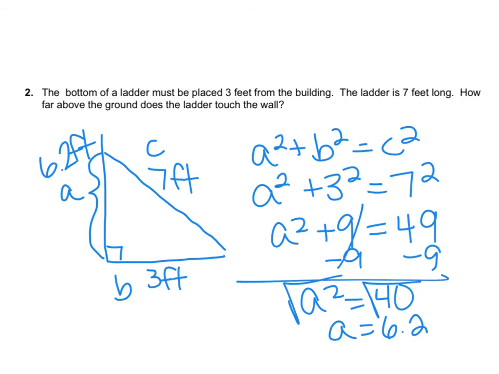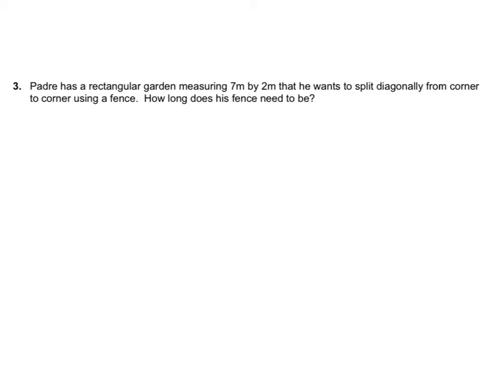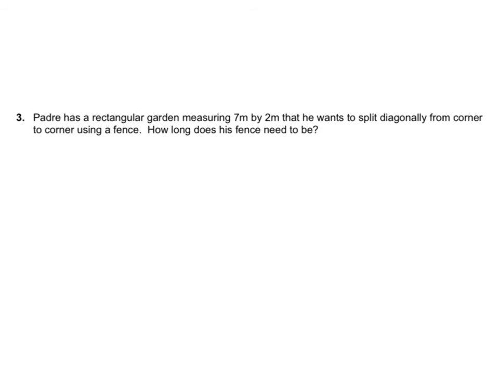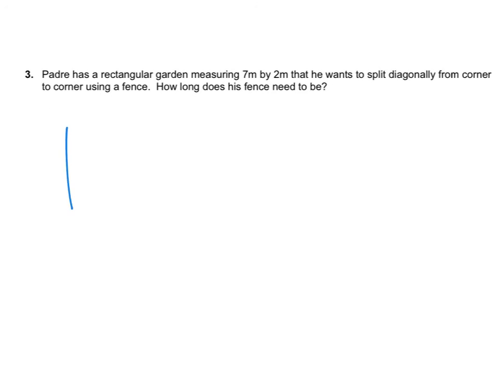All right, so Padre has a rectangular garden measuring 7 meters by 2 meters that he wants to split diagonally from corner to corner using a fence. How long does this fence have to be? All right, so again, let's draw this rectangular garden.